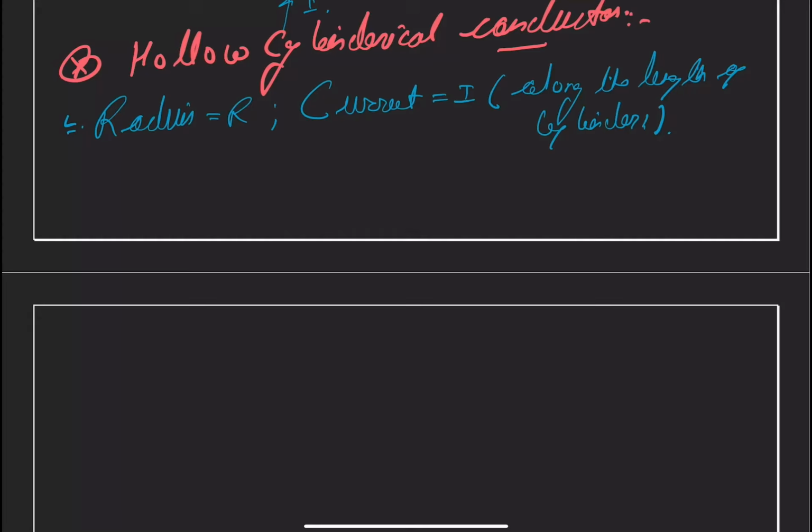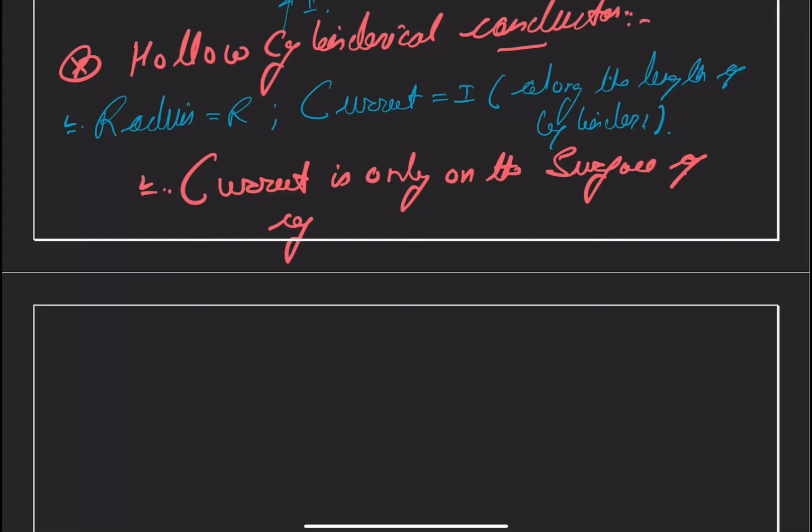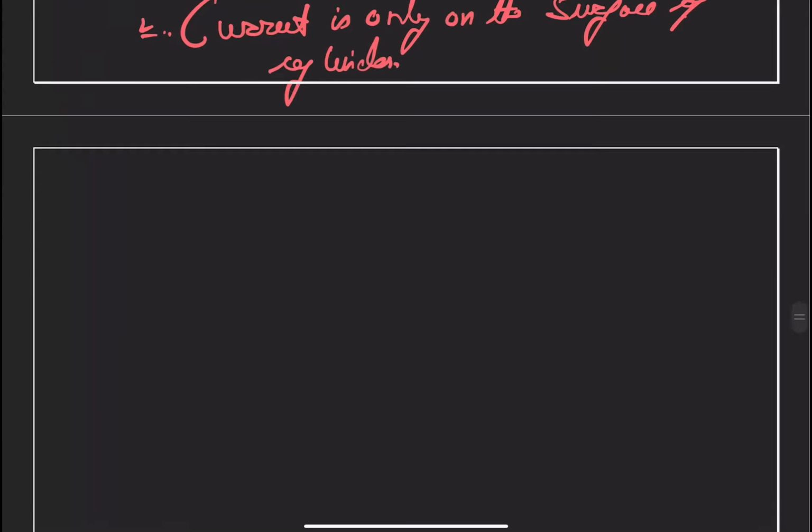And as it is hollow, therefore current is only on the surface of the cylinder. Which basically means that for r less than capital R, that is the radius of the cylinder, there is no current. So no current inside.